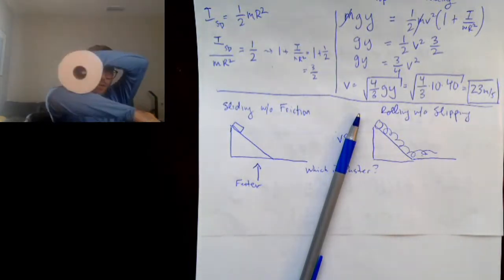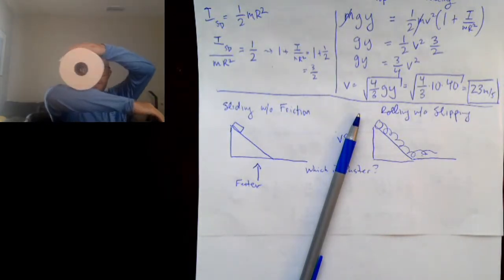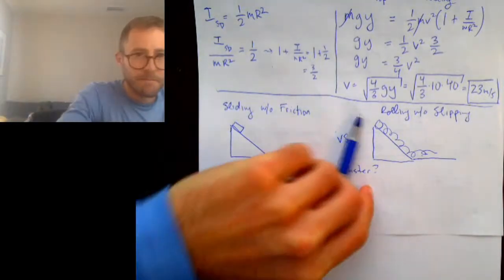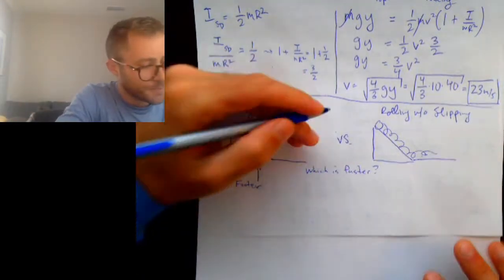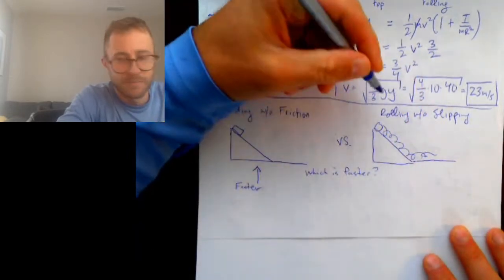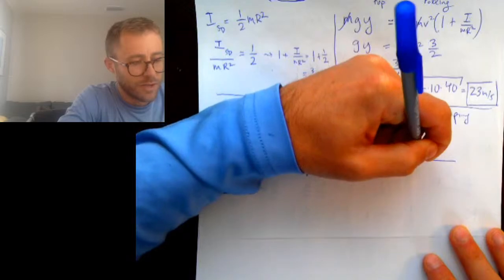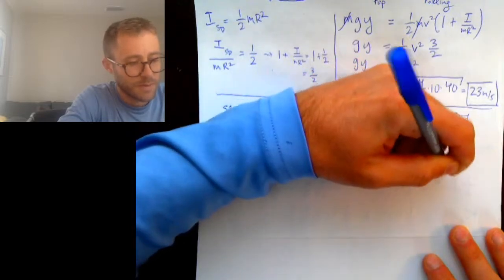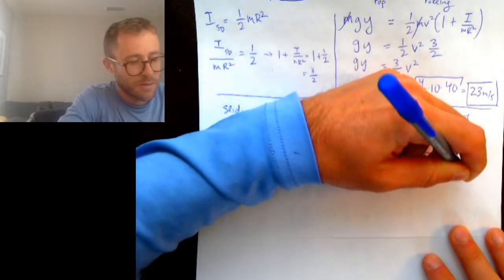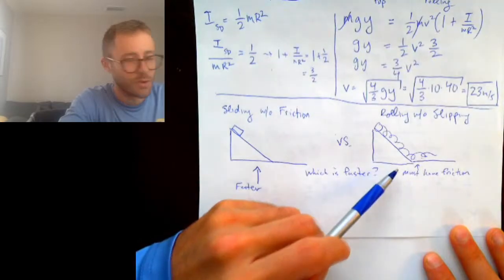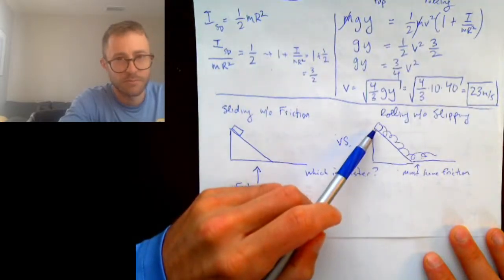It's the force of friction that makes it fall over and start to roll, okay? So you can't be rolling without friction. So in this case, you must have friction. All right, and friction is an oppositional force, so it's going to slow down the wheel.